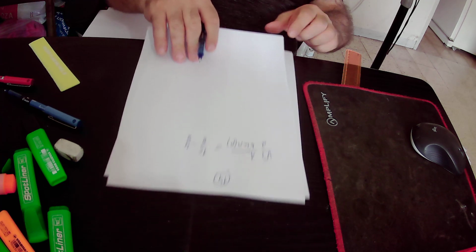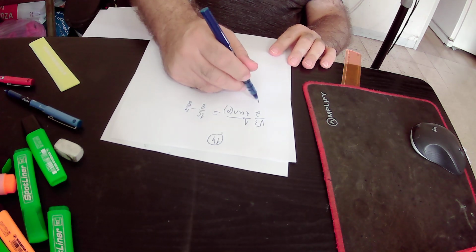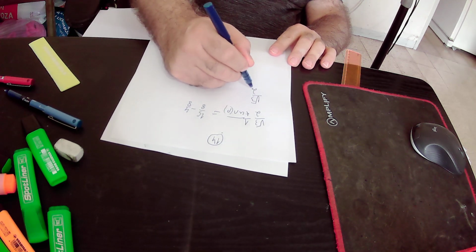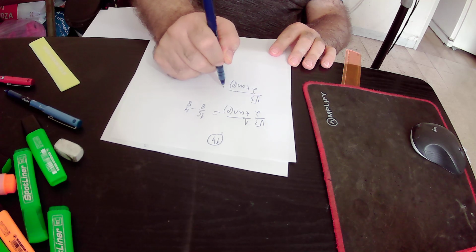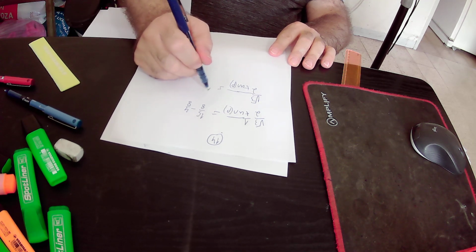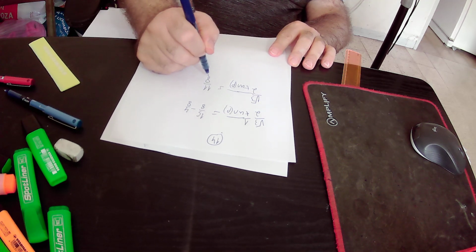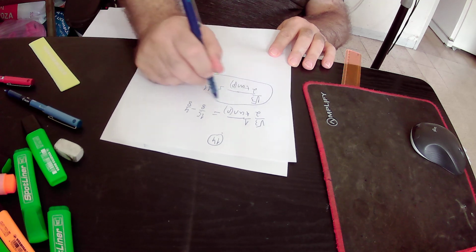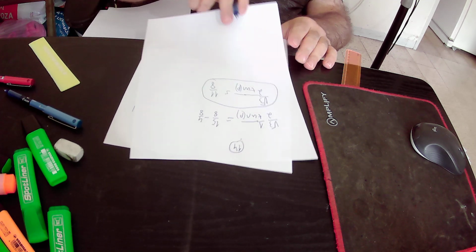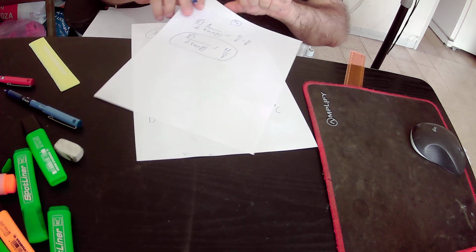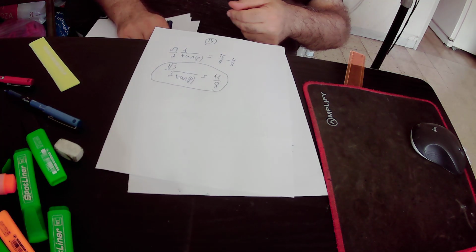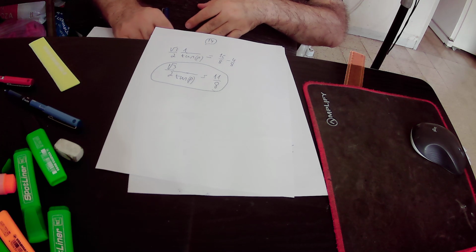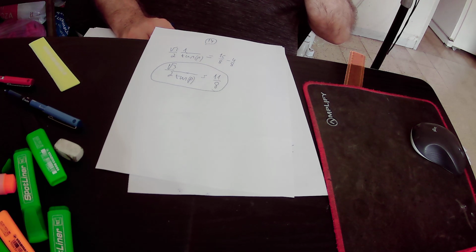So in total we got that root 3 over 2 times tangent p equals to 11 over 8.